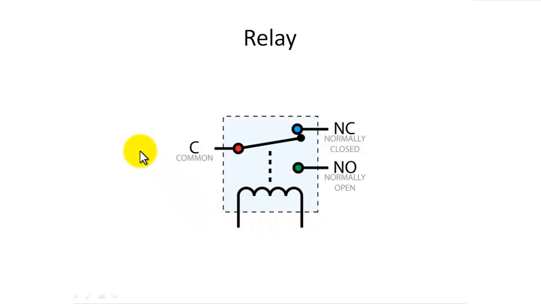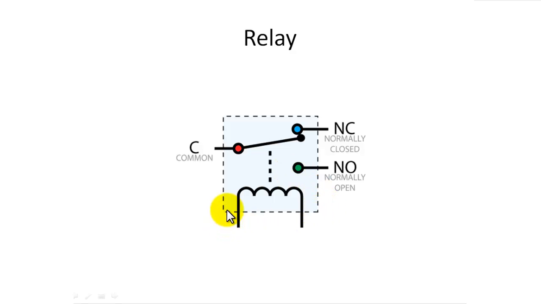So if a signal is given to the common at this moment when the coil is not energized, the signal passes through the normally closed terminal. Similarly, normally open is the other terminal of the relay, which gets connected to the common terminal whenever there is a supply given at the coil.